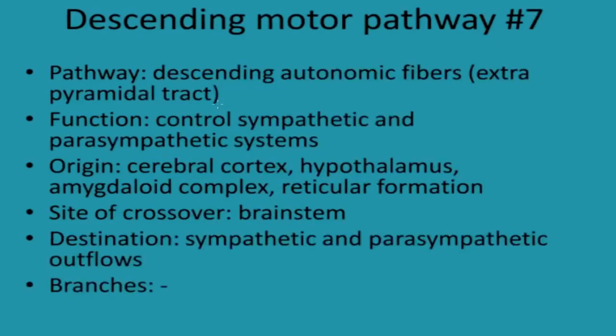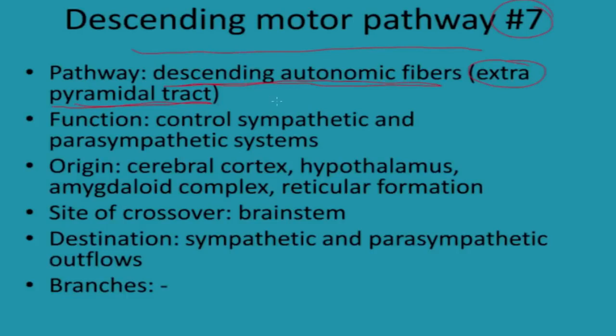The last tract that I'm going to talk about today is descending motor pathway number 7. It's called the descending autonomic fibers, and it is listed as an extrapyramidal tract.